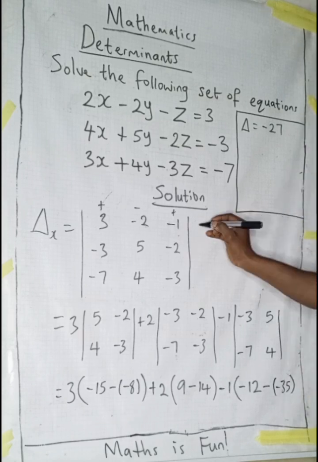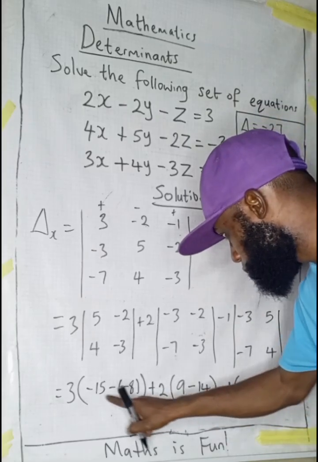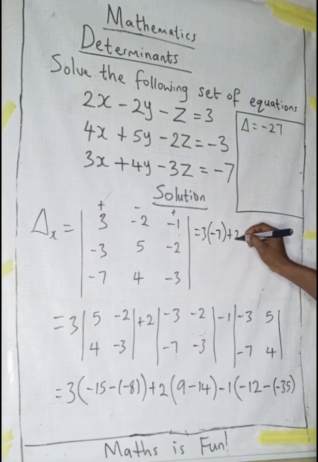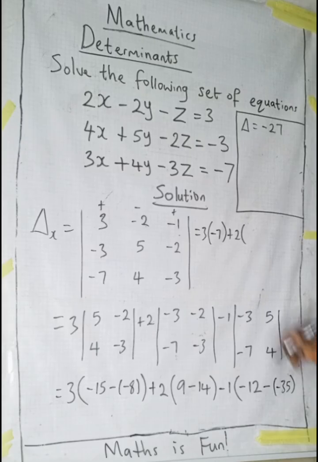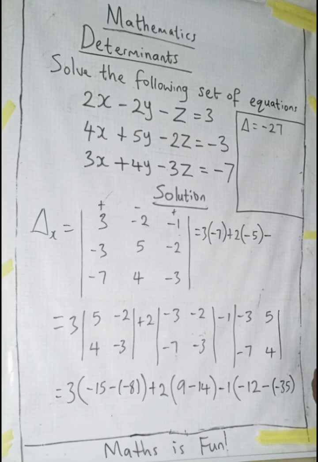So if we do it again, we have equal to 3. What do we have here? This is minus 15 plus 8, that is minus 7. Plus 2. What do we have here? 9 minus 14. That will be minus 5. Right? Then minus. What do we have here? 35 minus 12. That will be what? 23.